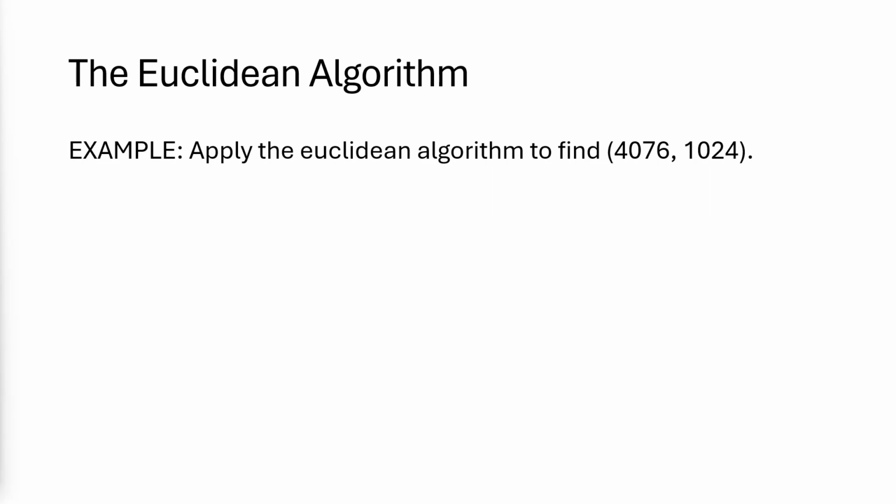We have another example. Apply the Euclidean algorithm to find the GCD of 4076 and 1024.